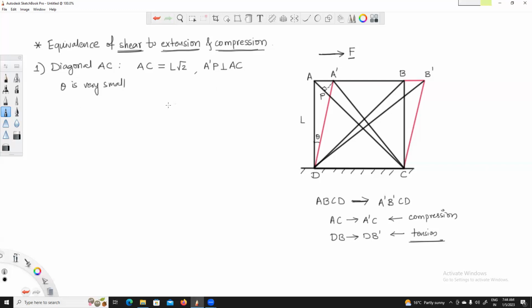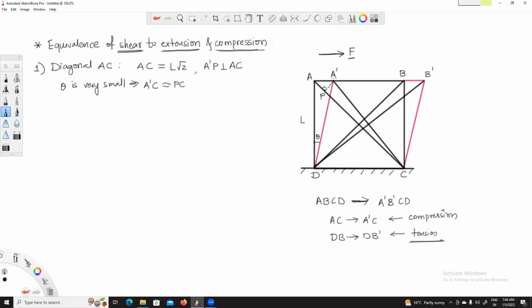It means that due to the application of tangential force on the top surface, it is not going to distort by much angle. This angle by which it has distorted is always very small. So as I assume that theta is very small, I can say that the length of A dash C is approximately equal to PC.